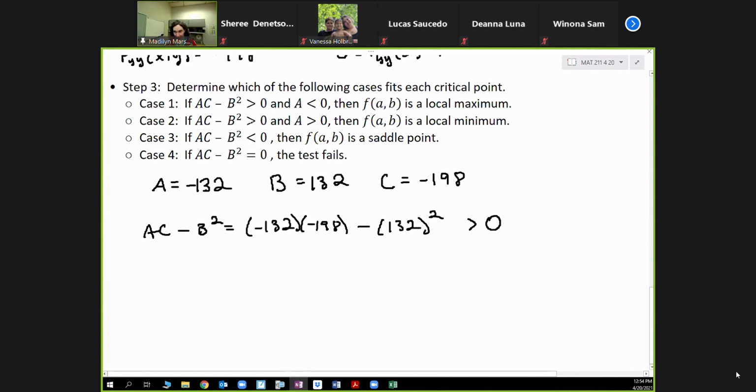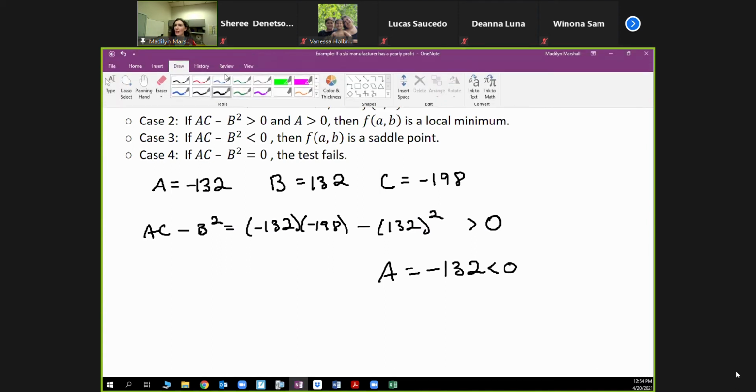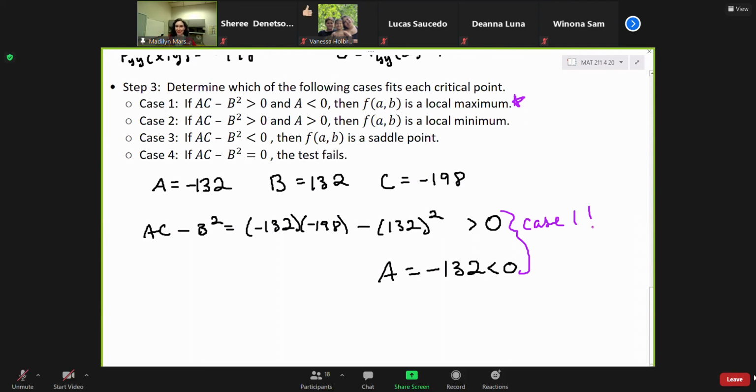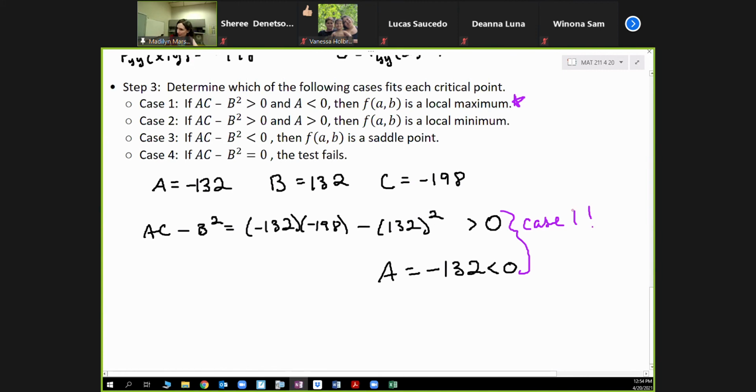But both case 1 and 2 have that being positive. So then we have to check A itself, which in this case is negative, which means that this fits case 1. Which is good since we're trying to find the maximum of the profit here. So we should have a maximum.